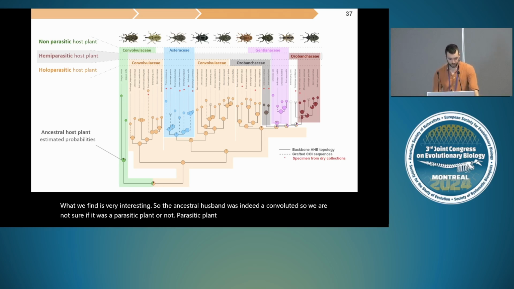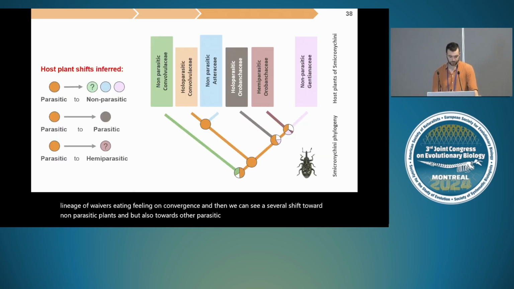But then we can see that species feeding on a parasitic plant diversified. In orange, you can see several lineages of weevils feeding on parasitic Convolvulaceae. And then we can see several shifts toward non-parasitic plants, but also towards other parasitic plants. So this is a summary of what we observed.